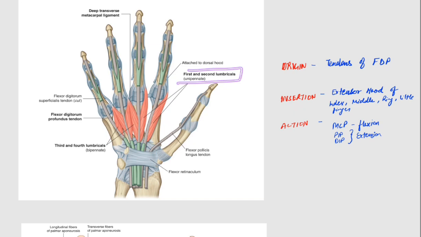The first and second lumbricals are unipennate and the third and fourth lumbricals are bipennate. The unipennate first and second originate from the tendons of the flexor digitorum profundus, and insert on the radial side of the extensor hood on the index and middle finger, and the third and fourth lumbricals insert into the extensor hood on the radial side of the ring and little finger. Its action at the MCP joint causes flexion, and at the PIP and DIP joints it causes extension.